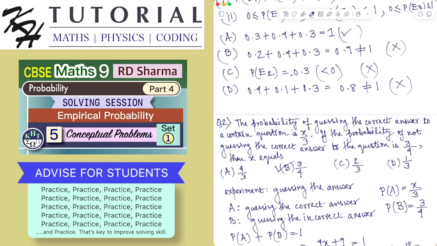I will try my best to solve all the problems from the textbook of author R.D. Sharma, as well as the supplementary MCQ problem book, and in between I will also try to solve this kind of conceptual problems, so that there is a good coverage and variety of problems from the chapter of probability, from easier to medium and higher order thinking problems. So please stay tuned for more videos to come from this chapter of probability.